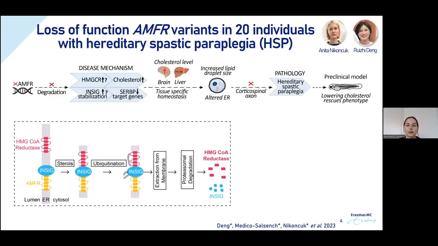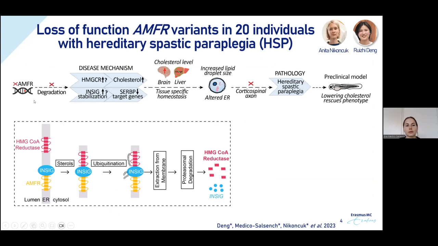AMFR is an E3 ubiquitin ligase, and is located in the endoplasmic reticulum, and it's known to be involved in the regulation of two main proteins in the cholesterol metabolism, HMGCR and INSIG, and it promotes their degradation.